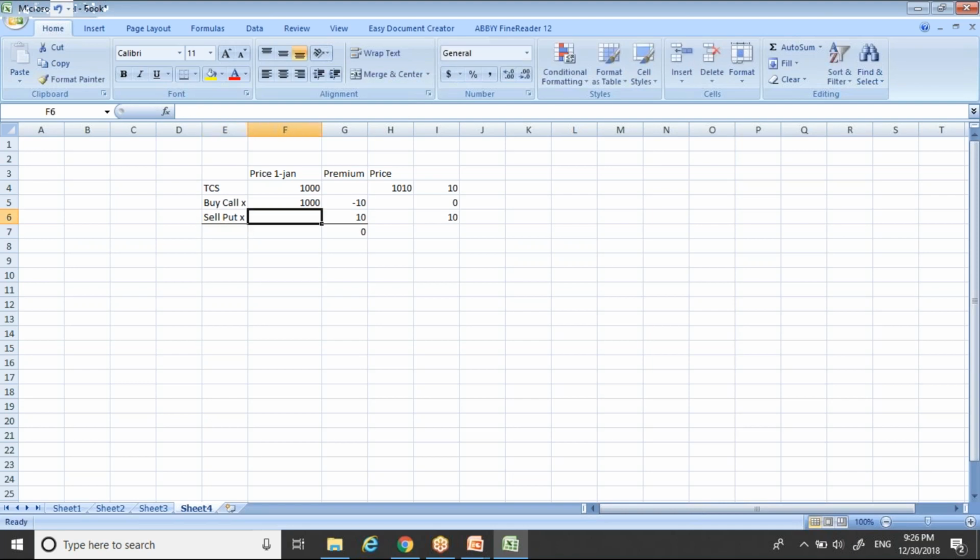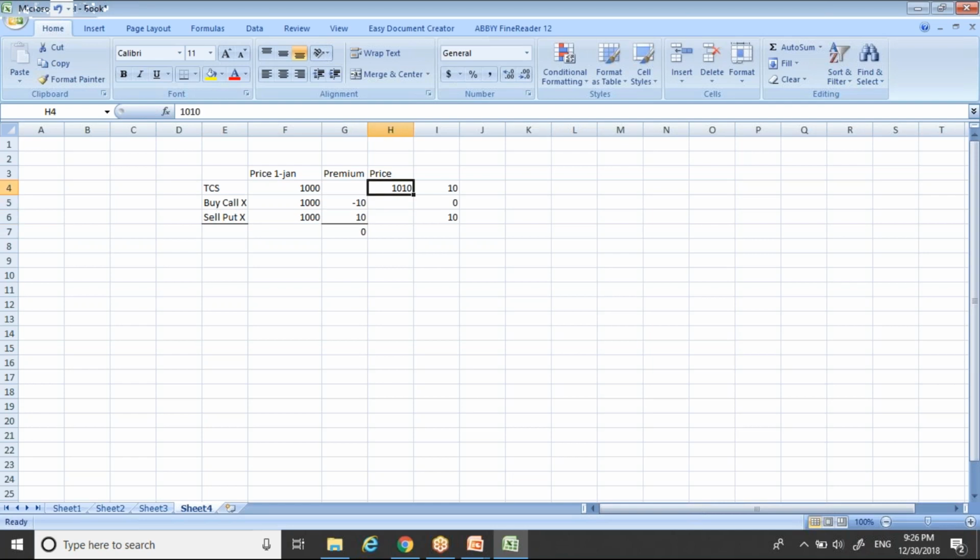I'm putting it as a capital X. X stands for the strike price here, and the premium you paid in buying the call is 10, and the premium you received in selling the put is 10.